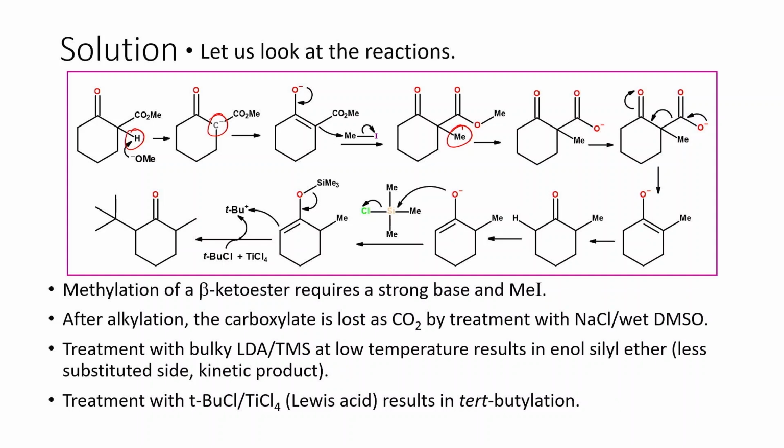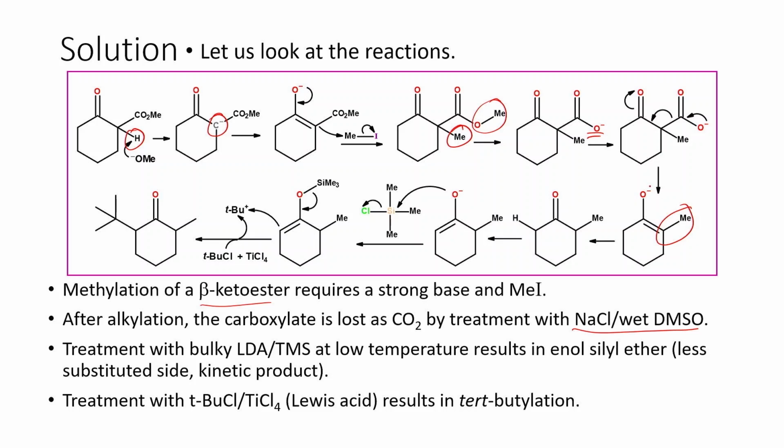If you look carefully, the first one is the methylation of the beta keto ester happening here, and in the second step, sodium chloride and wet DMSO hydrolyze this into a carboxylate anion, and under high temperature this loses a carbon dioxide molecule. So we end up with the loss of CO2, and the simple methylation actually takes place.